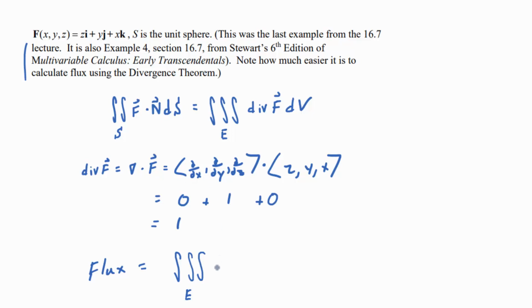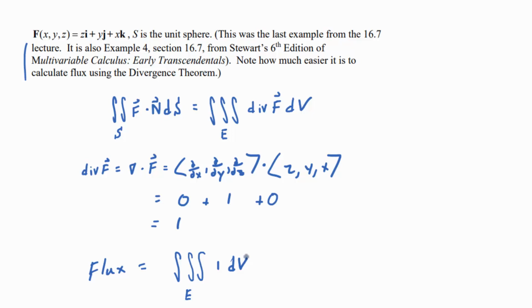And then 1 dV. Does everybody agree with that? So if you realize that E is the unit ball, you know, it's the unit sphere and its interior. It's the solid sphere.